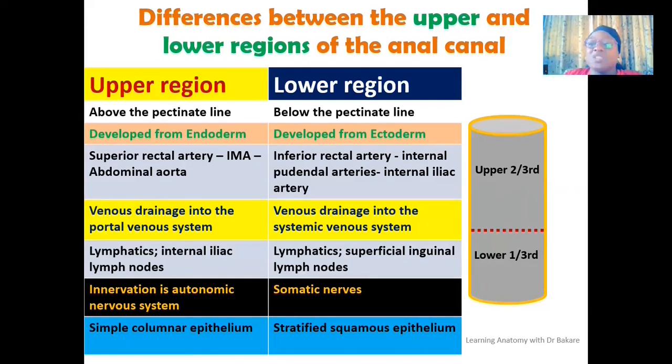Then innervation of the upper two-third is through the autonomic nervous system, while the lower one-third is through somatic innervation. Then talking about the epithelium lining, the upper two-third is simple columnar epithelium, which is the epithelium lining the gastrointestinal tract, while the epithelium lining the lower one-third is stratified squamous epithelium, which is the epithelium lining the skin.